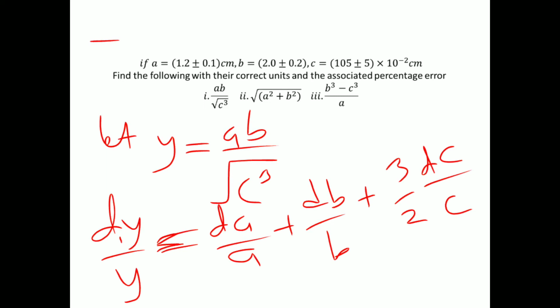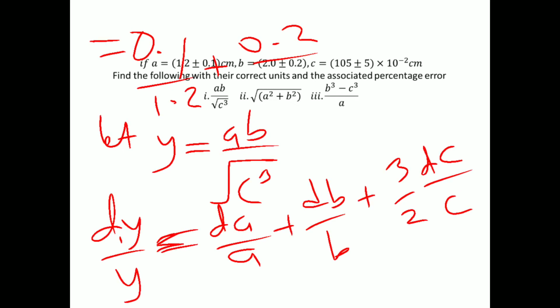Now if we substitute the values, dA over a is 0.1 over 1.2, then plus we have 0.2 over 2.0, then plus we have 5 times 10 to the power minus 2 now divided by 105 times 10 to the power minus 2.